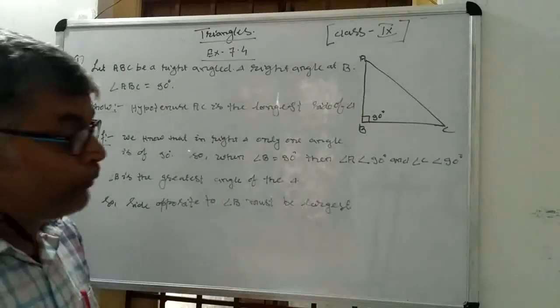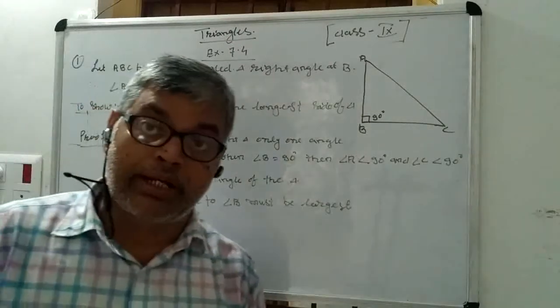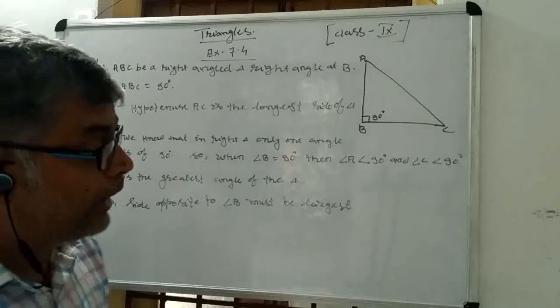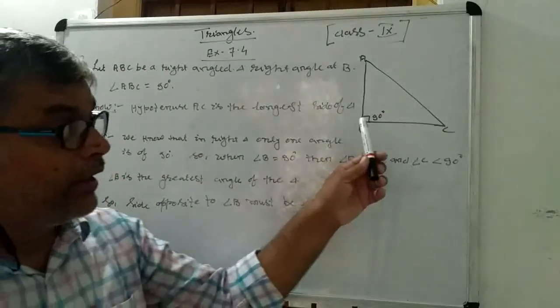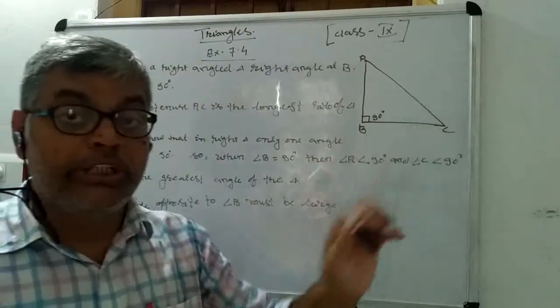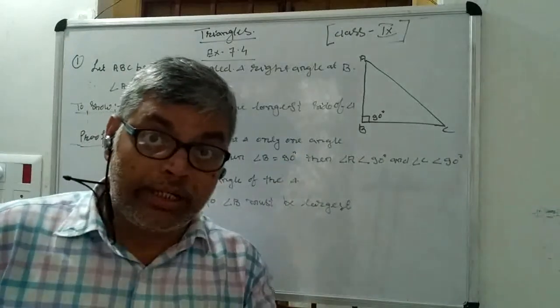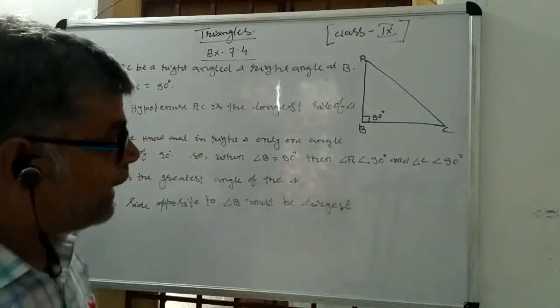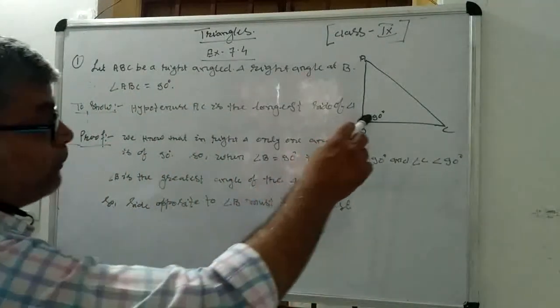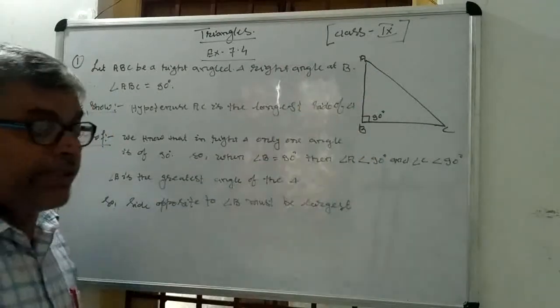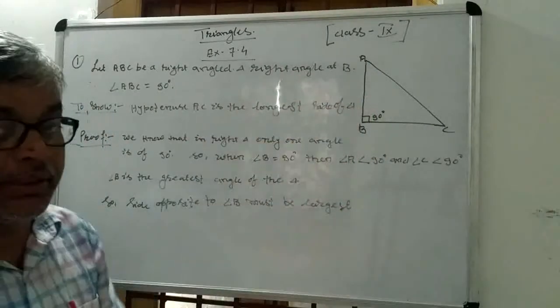By the property of inequality of triangle, you have learned previously that the side opposite to the greater angle is larger. So by that property, we have proved that this angle is the largest angle in triangle ABC.